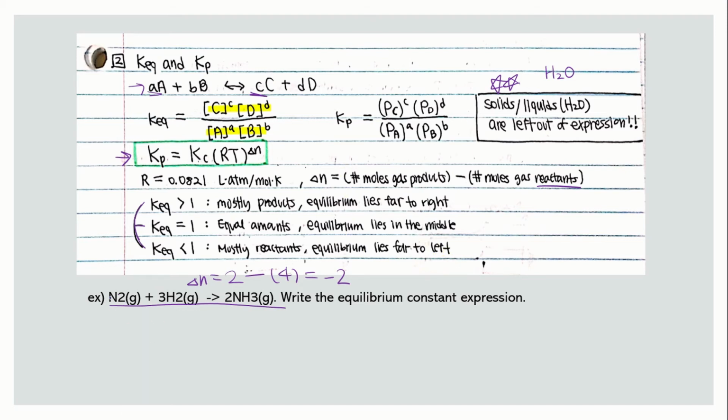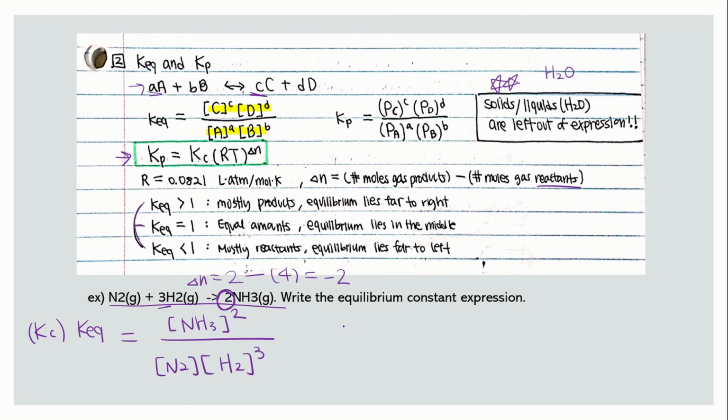And we have an example question here. Write the equilibrium constant expression. So Keq, also represented by Kc, they mean the same thing, equals the concentration of the product, ammonia, squared, because of this coefficient of 2, over the concentration of N2 times the concentration of H2 cubed, because it has a coefficient of 3.